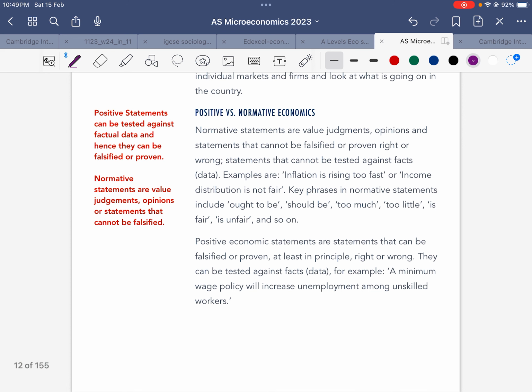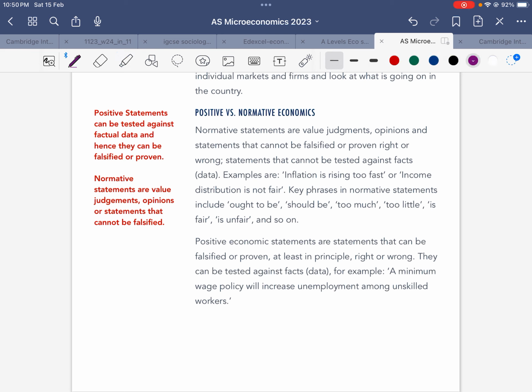Positive versus normative economics. We have positive statements and normative statements. So, what are these two? Positive statements focus on describing and explaining economic phenomena based on observation, facts, and data, essentially analyzing what is, right?